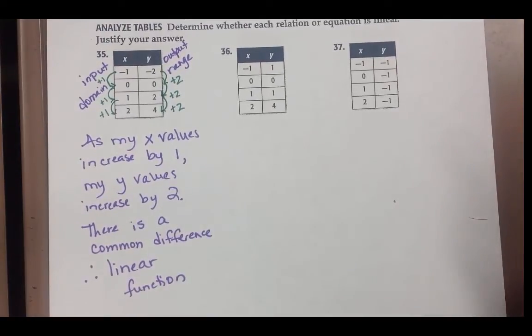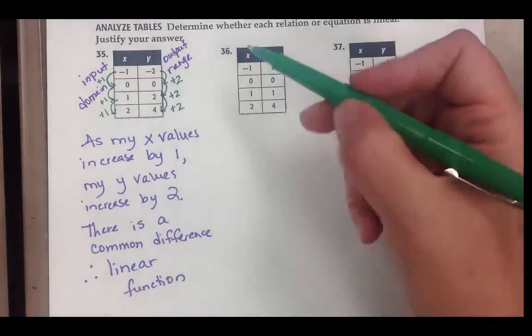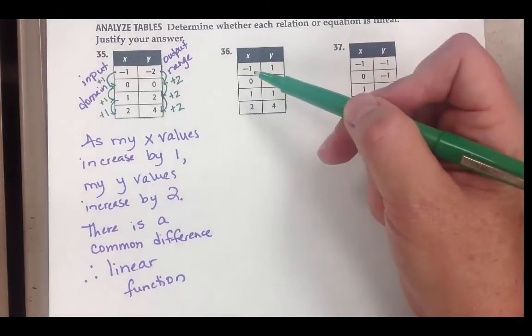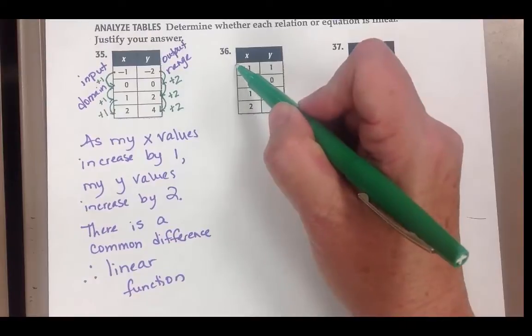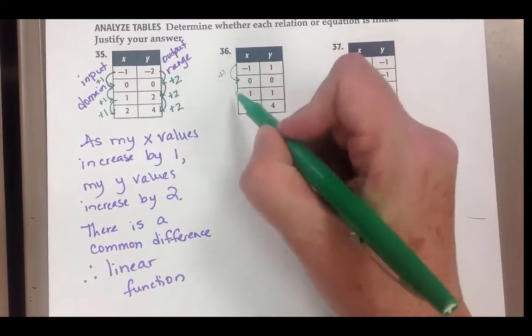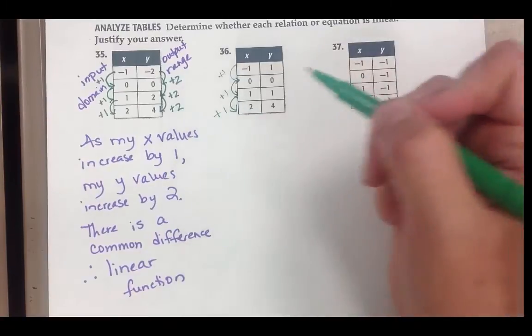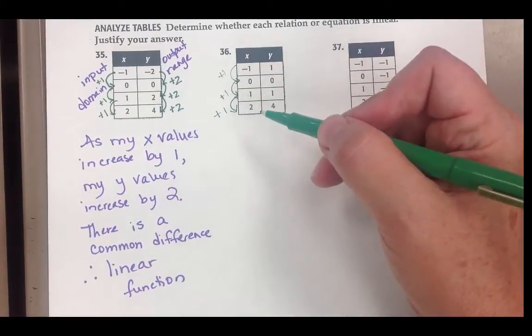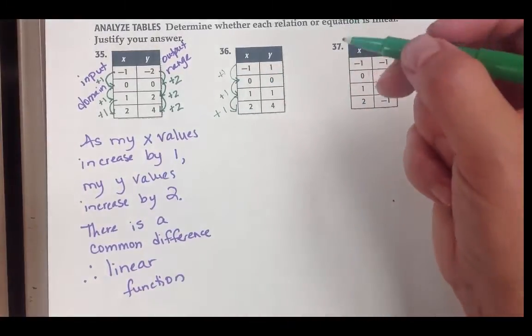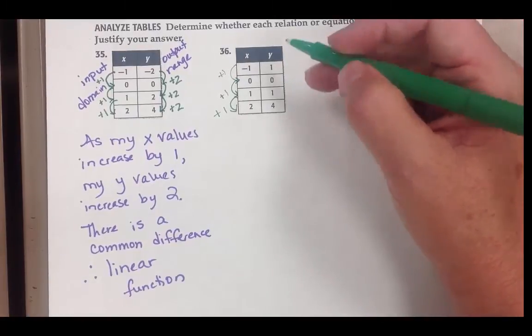Okay? Let's take a look at the next problem. So on number 36, again, if you notice, in my inputs or my domain, it's the same exact values I had on the previous problem. So this increases by 1, this increases by 1, this increases by 1. It won't always be that way, so you always want to look it over carefully, but here it's repetitive. And here's what's happening in my y's.